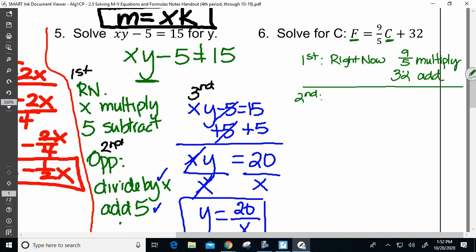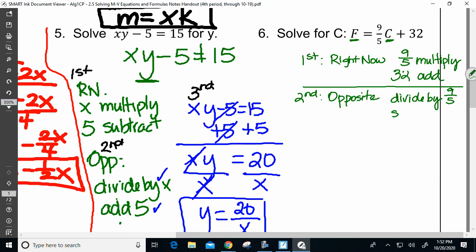So we know what we're doing right now. Now we need to take the opposite. What's the opposite of multiplying? Divide. So that means you're going to have to divide by 9 over 5. What's the opposite of adding? Subtracting.